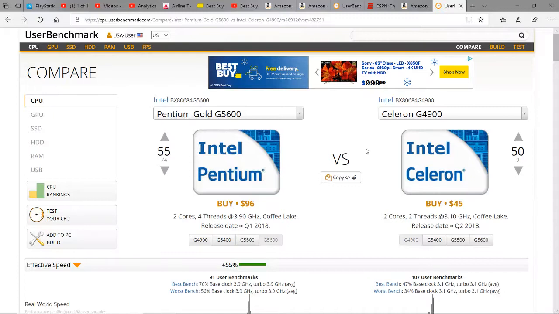Remains to be seen what Intel will put out, if there'll be Celerons and if there'll be i3s and Pentiums, etc. Right now there's i5s and i7s and i9s for 9th gen. So we're going to just look at the 8th gen.